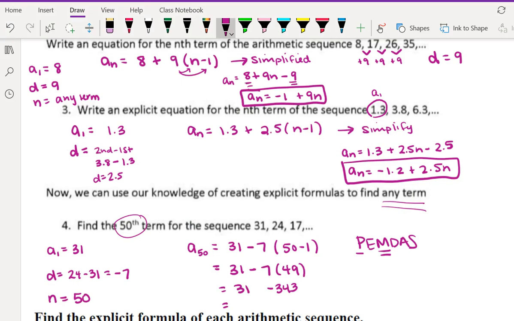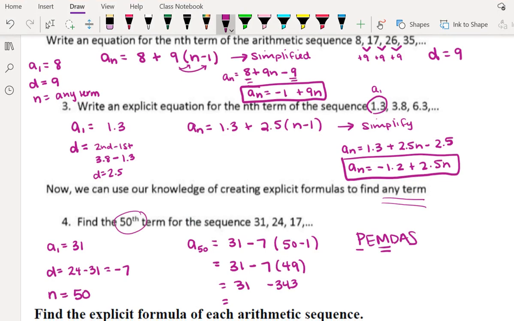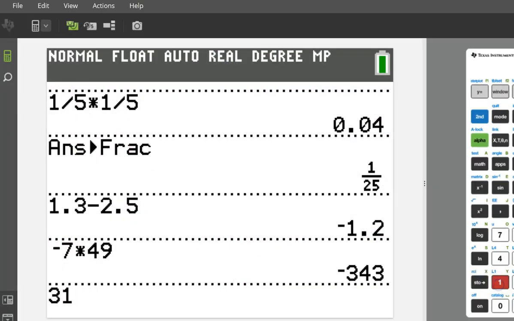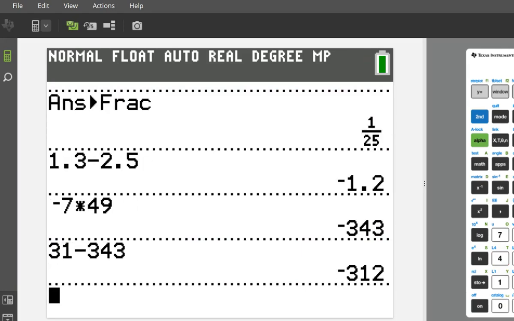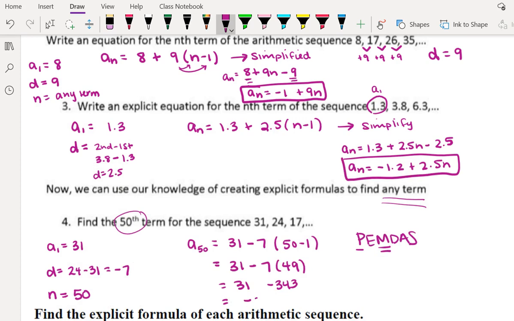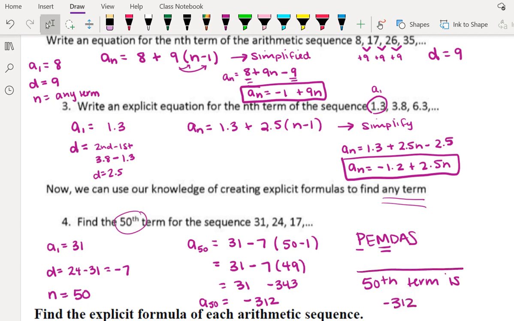Calculator. 31 minus 343, and we get negative 312. So the 50th term is negative 312.